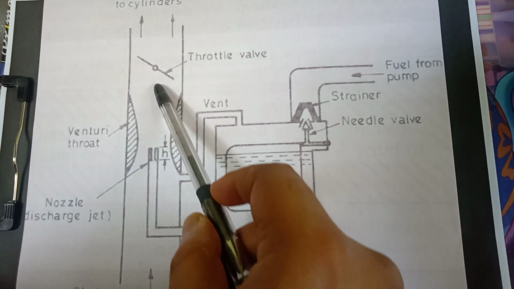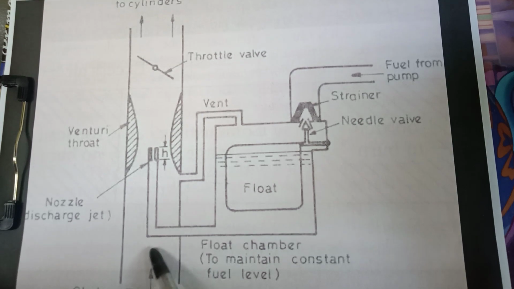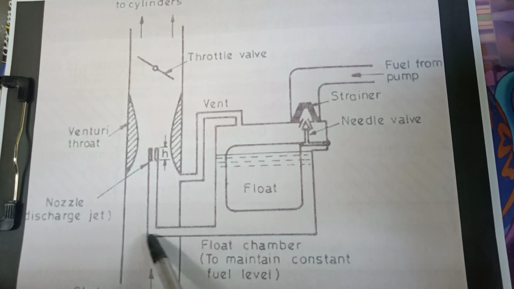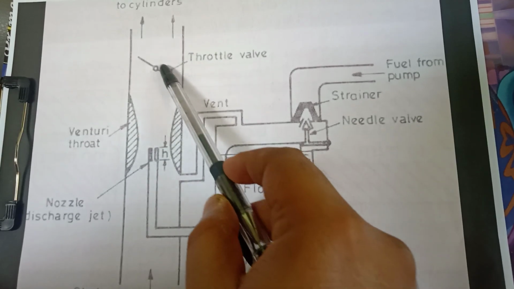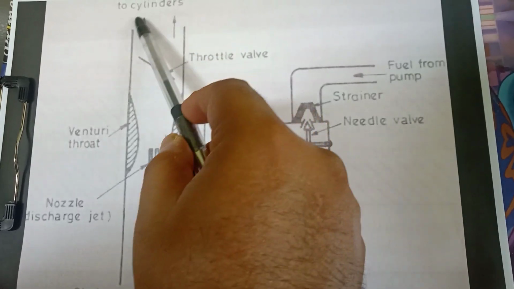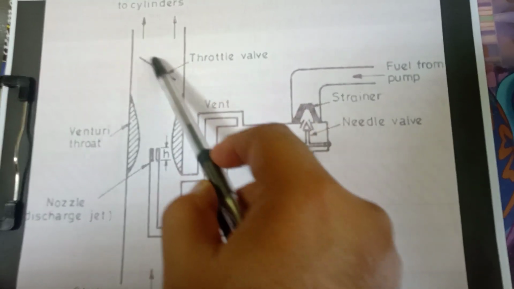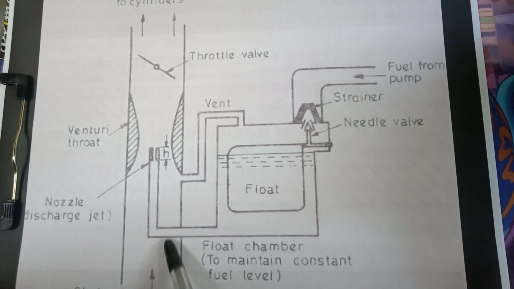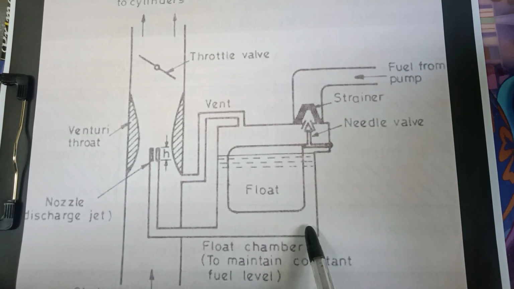This inlet side is connected to the air filter, and this is a throttle valve or butterfly valve, and this side is connected to the intake valve of the cylinder. So this is the schematic diagram of a simple carburetor.